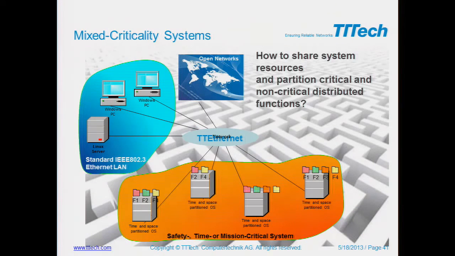So the interest in TT Ethernet is not only because of the low cost and so on, but also because there are many systems for many large-scale applications in which the criticality of the components or the messages are different. So there are things that are really critical, and you want to deal with them with a time trigger protocol.